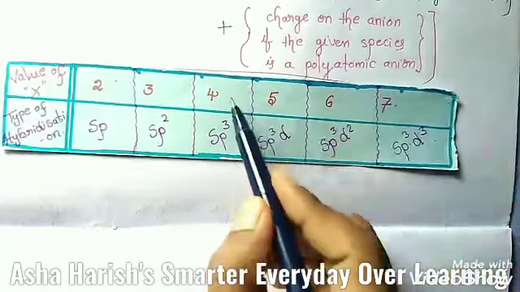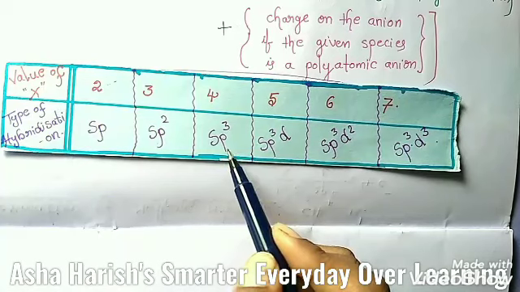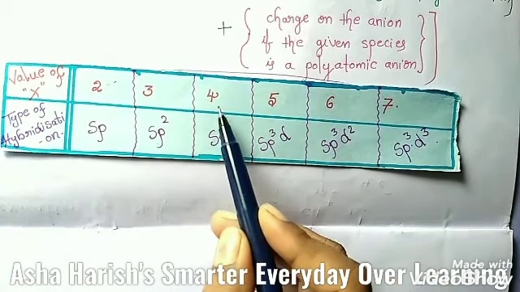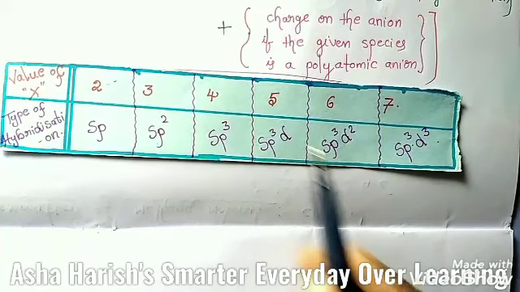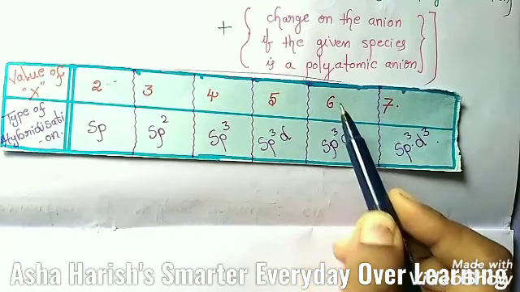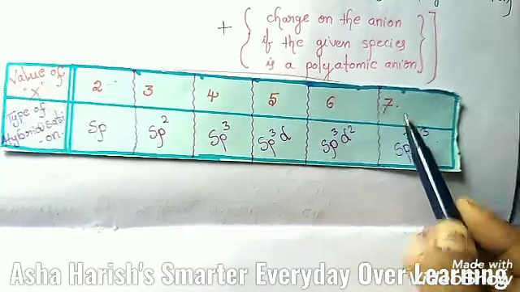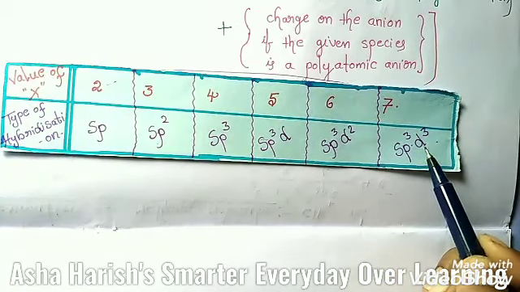Then students, if x value is 4, that hybridization is sp3, hybrid orbitals also 4 here. If x value is 5, that hybridization is sp3d, if it is 6, sp3d2, if it is 7, sp3d3.